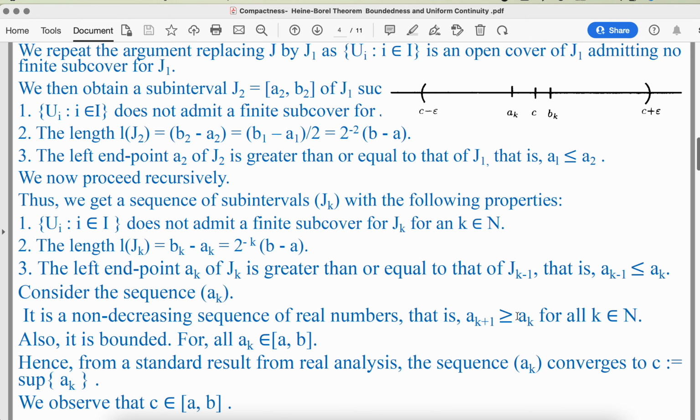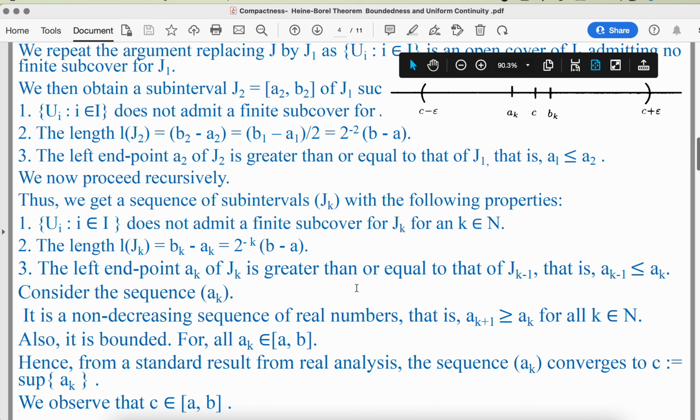It means Ak plus 1 is greater than or equal to Ak for all k belonging to N. Also it is bounded, all Ak belonging to closed interval AB. It means from a standard result from real analysis, the sequence Ak converges to C, which is equal to the supremum of these Ak. And we observe that this C belongs to closed interval AB.